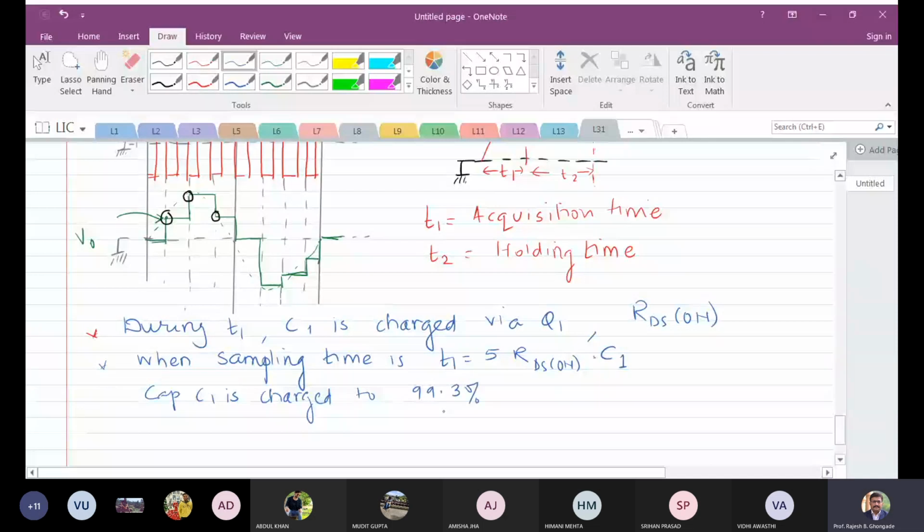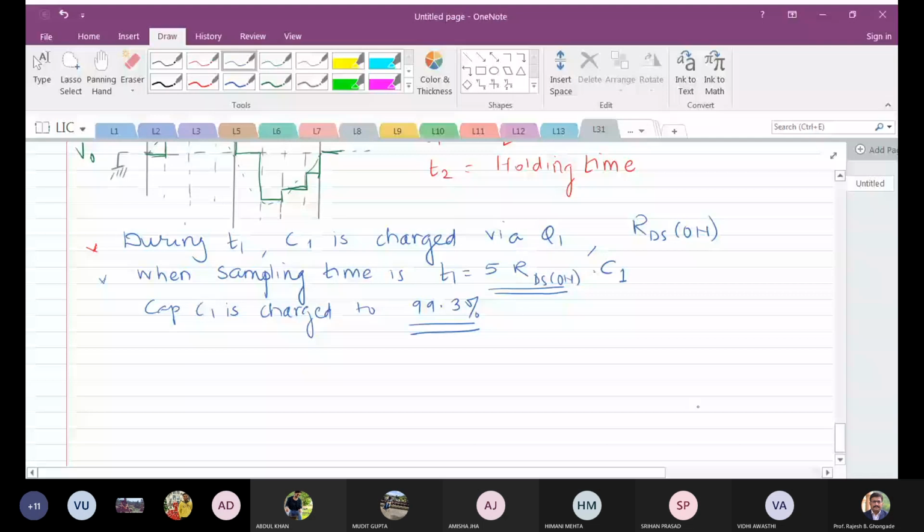So you have to make sure that this particular MOSFET remains on for 5 times the time constant, and only then can you guarantee that the capacitor is charged to 99.3% of the input voltage Vi. So this actually results in an error of 0.7%. So this is the error in sample amplitude.